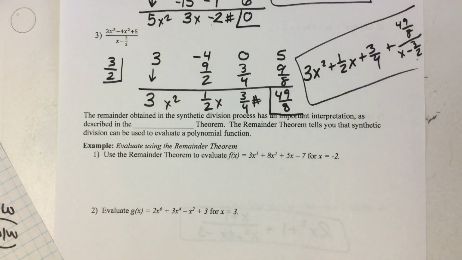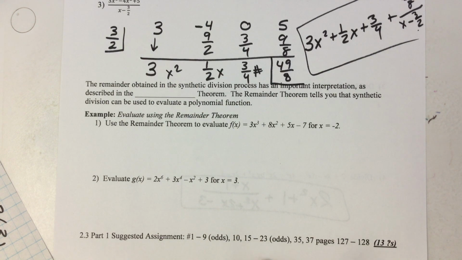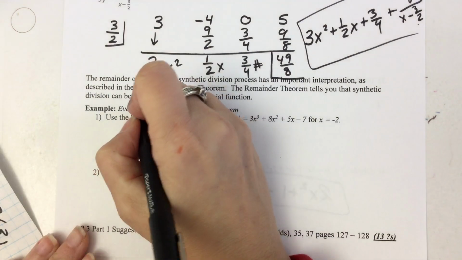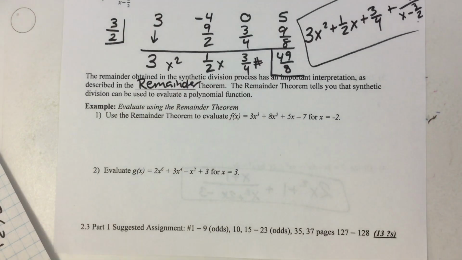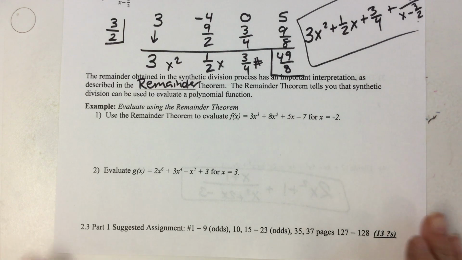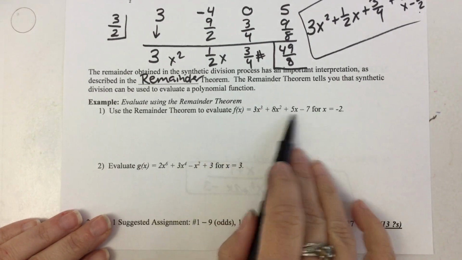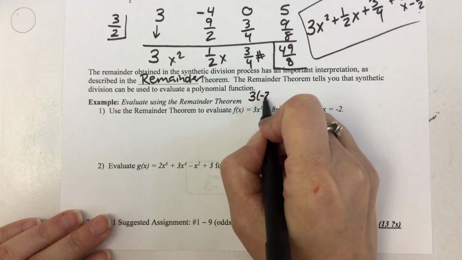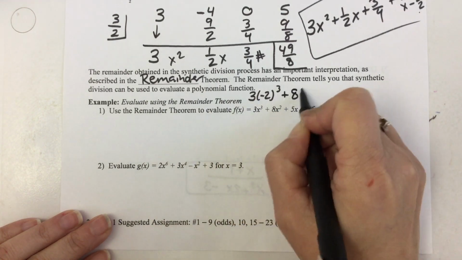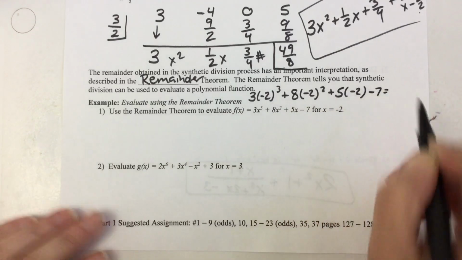Okay, the remainder that you obtain in synthetic division has an important interpretation, as described in something called the remainder theorem. The remainder theorem tells you that synthetic division can be used to evaluate a polynomial. So check this out. If they want you to evaluate this function for x equals -2, what we typically do is fill in -2 for the polynomial.